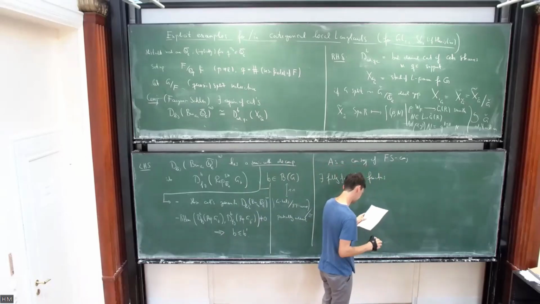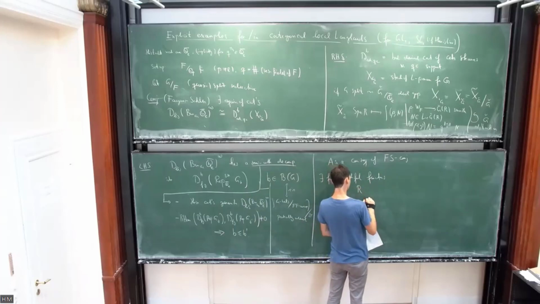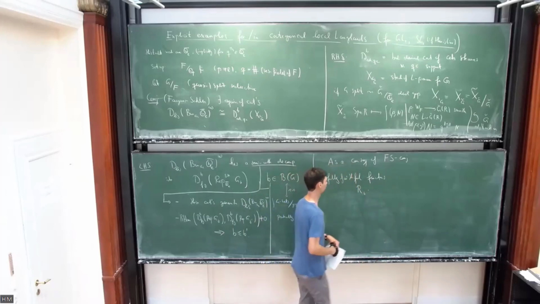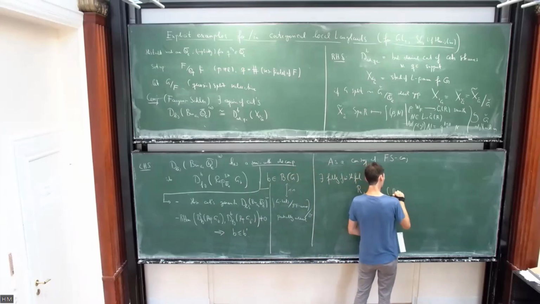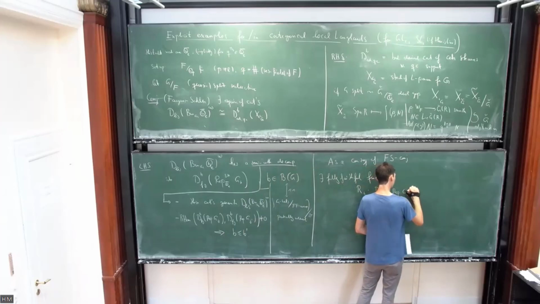Let's call them R_b, from the derived category generated by representations of G_b, to the Ind-coherent sheaves.